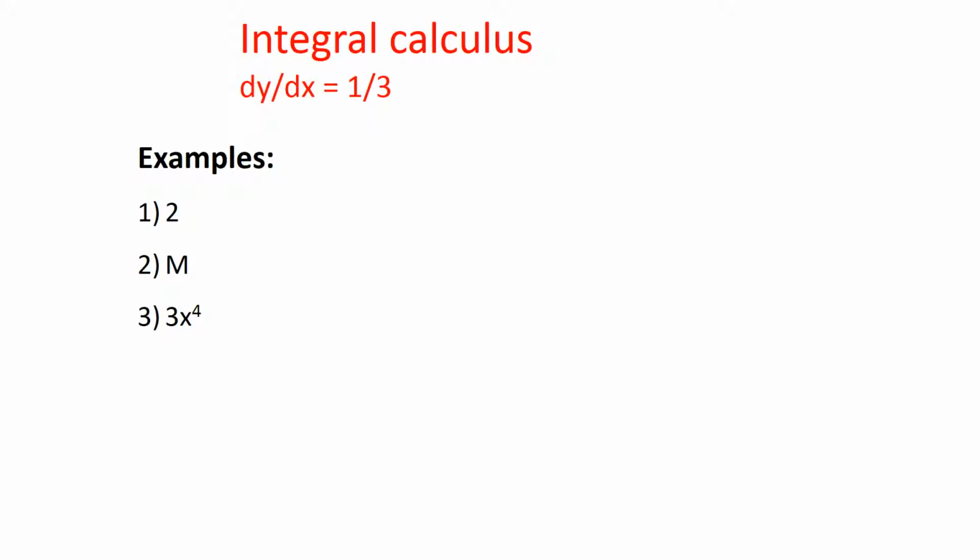It makes it a little bit easier, because we're integrating with respect to x, 2 and m are just constants. You might think about rewriting the first one as 2 times x to the power of 0, because that's the same as 2. And m times x to the power of 0 might help.